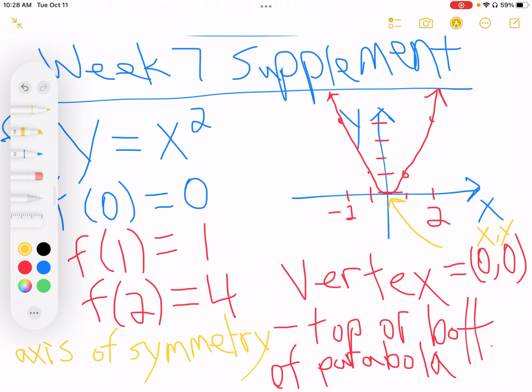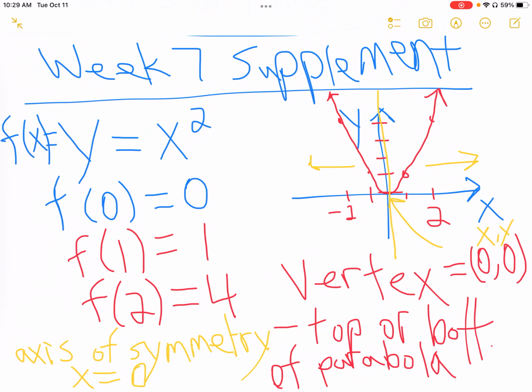The axis of symmetry for this we would say is x equals 0, because what's on this side over here is symmetrical to what's on this side. So our axis of symmetry is x equals 0.